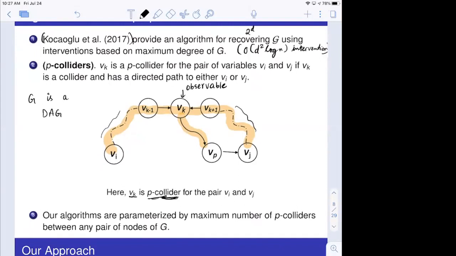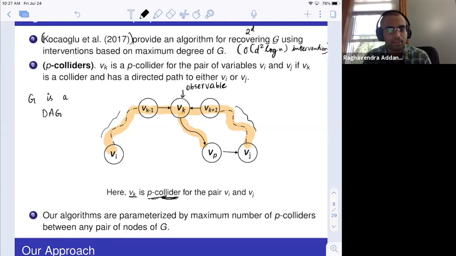Okay, so it's a DAG to begin with. Yeah, correct. We parameterize our algorithm by the maximum number of p colliders between any pair of nodes, so the number of such Vks.